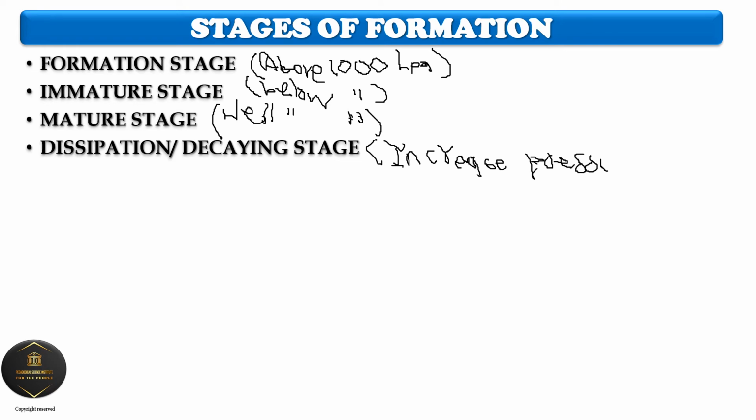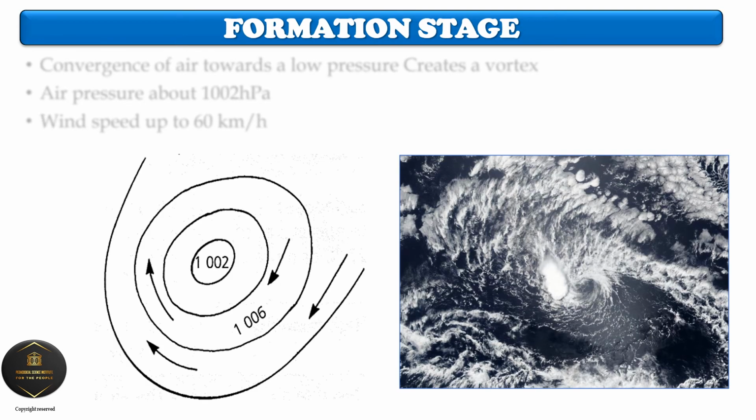Yeah, so increase in pressure. My writing is so terrible, but I hope we get the point, right? Sorry for spelling there. So we have an increase in pressure and the system gets destroyed. So let's then look at the stages in more detail, right?